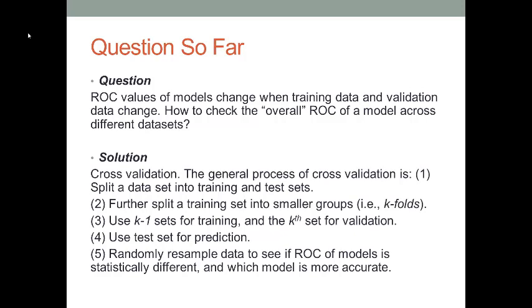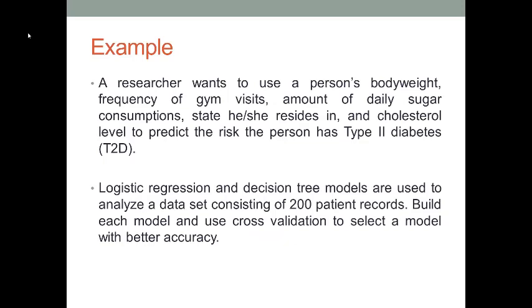The process could be very abstract to some classmates. So I want to use an example to show you how to perform cross-validation in the R software. A researcher wants to use a person's body weight, frequency of gym visits, amount of daily sugar consumption, the state this person resides in, and the cholesterol level to predict the risk the person has type 2 diabetes.